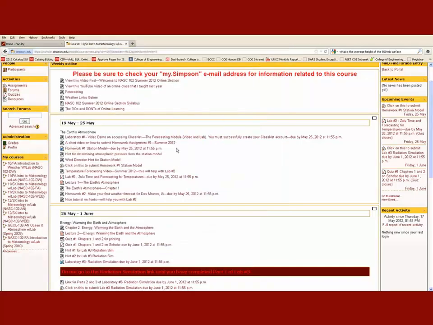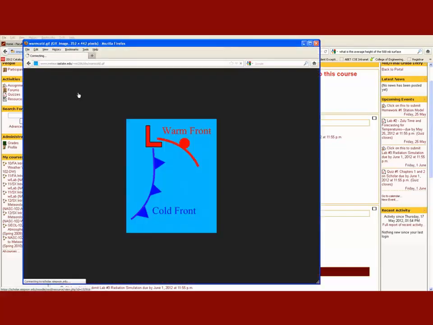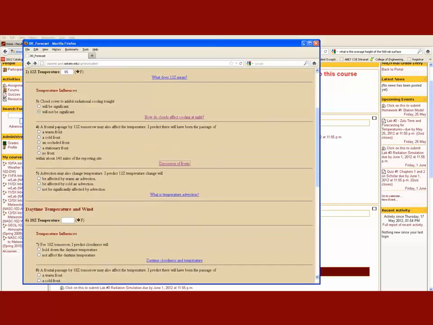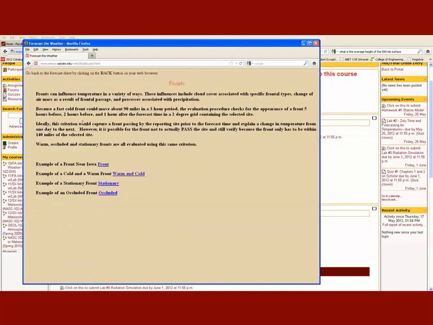So you're beginning to see that there's quite a bit of information available up on Scholar to help you with forecasting. Now let me go back to this. And so you have to forecast for a front. I haven't looked at anything, but for example, if you think a cold front is going to move through, per what we looked at here, the different hours that the program looks for, 5 hours before 12Z, 2 hours before, and 1 hour after.